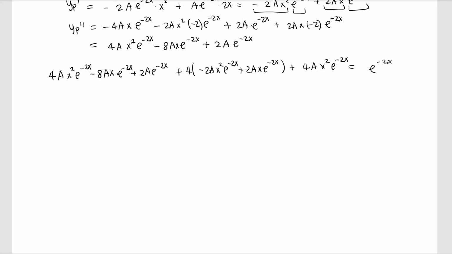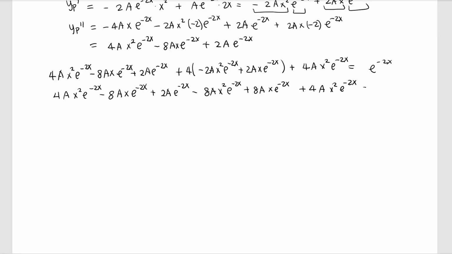Okay, let's multiply out. So 4ax squared e to the negative 2x minus 8ax e to the negative 2x plus 2a e to the negative 2x. Distribute it. So 4 times 2 is 8ax squared e to the negative 2x, 4 times 2, 8ax e to the negative 2x, plus 4ax squared e to the negative 2x equals e to the negative 2x.